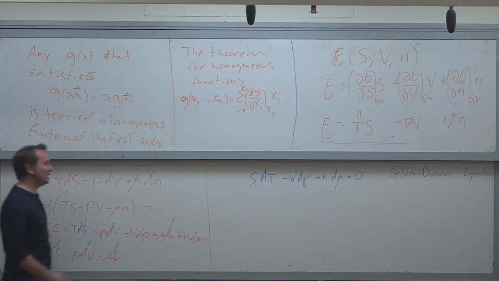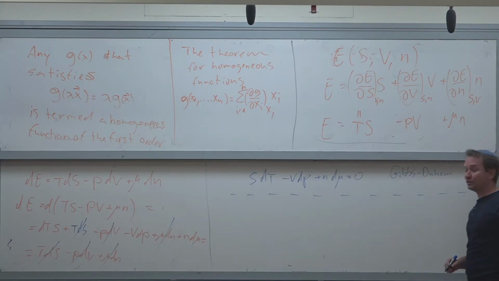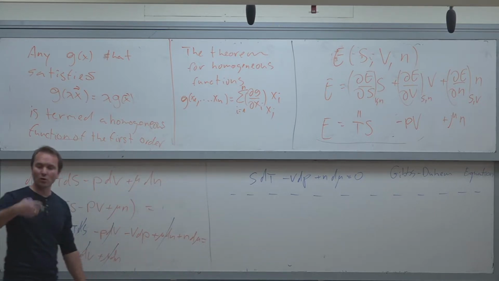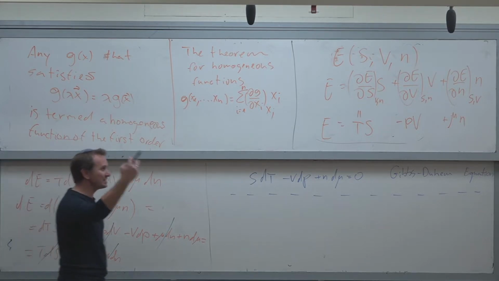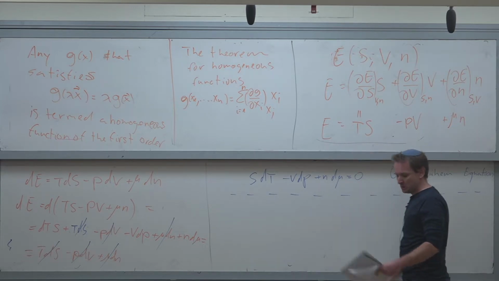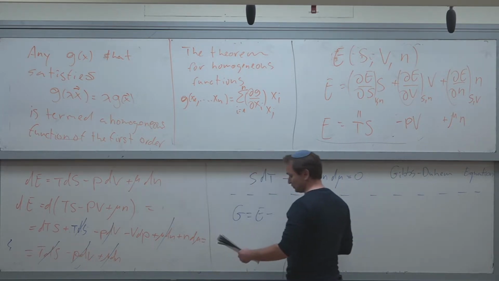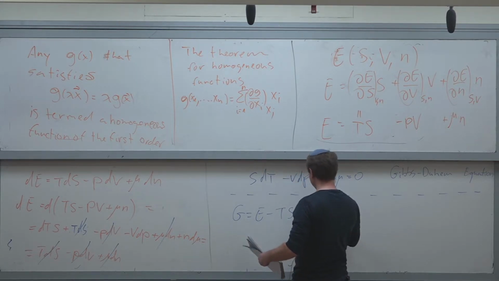By the same line of reasoning, we can go to the Gibbs free energy. It's also an extensive function, also a homogeneous function of the first order. We use exactly the same properties that we used for the energy. First of all, the definition is G equals E minus TS plus PV.